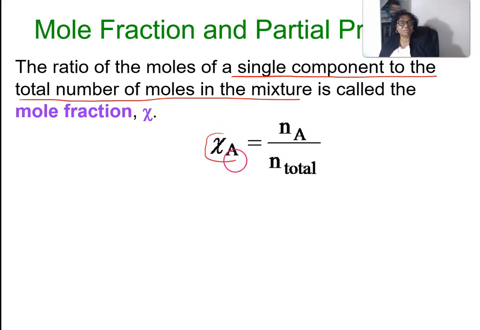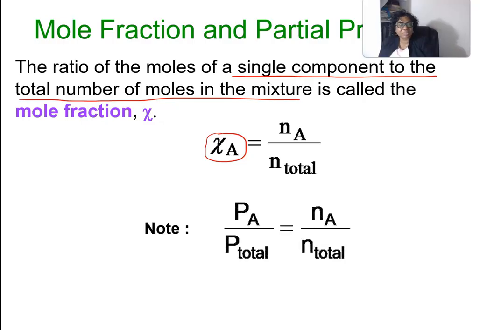We normally use this symbol to represent mole fraction. So Pa over P total equals Na over N total. So Pa equals the mole fraction of A times the total pressure of the gases.